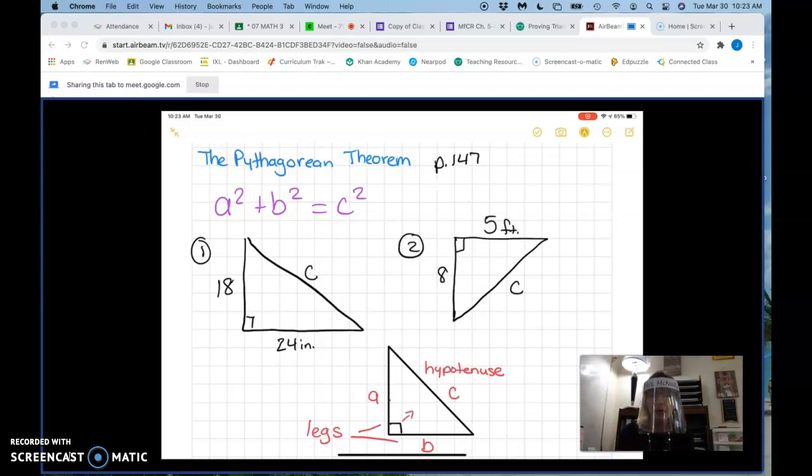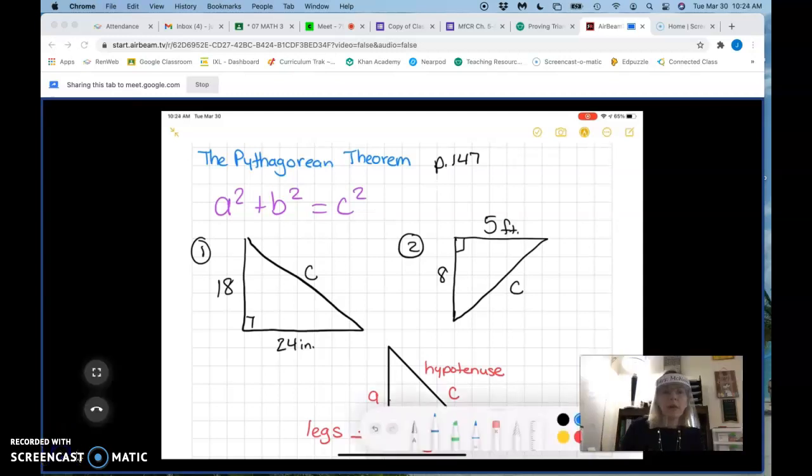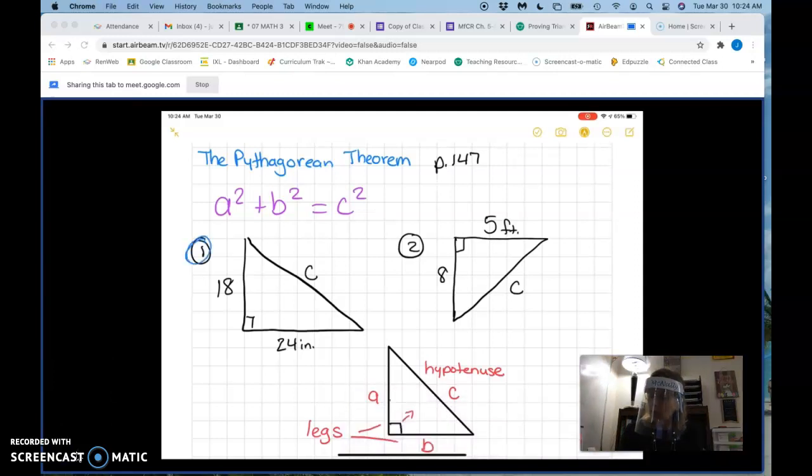Okay, so draw that little triangle so that you see all the labeled parts, because you're going to need that information on the test tomorrow. Hint, hint. So what I need to do now is plug in the information from triangle number 1 so I can solve it and find out what C equals. I'm just going to plug it right into my formula.